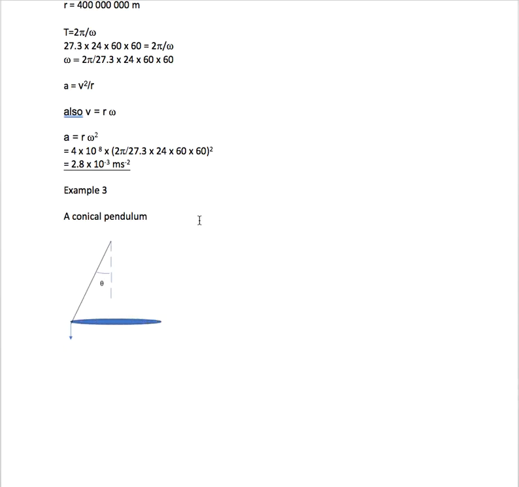Okay. So what we have is a mass m kilograms on a string, tension S newtons. I'm going to call it S because we don't want to confuse T the period and T the tension, so we're going to call it S for now.